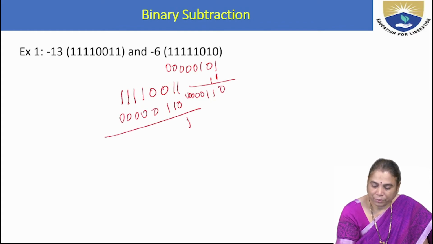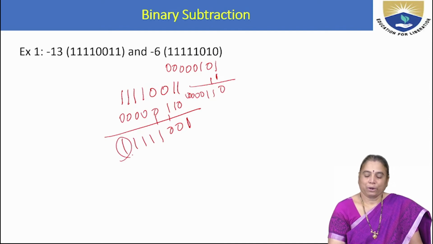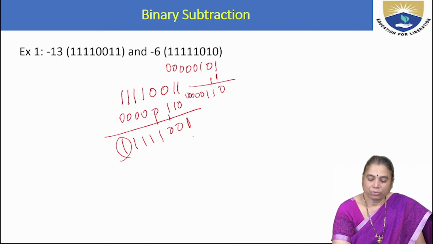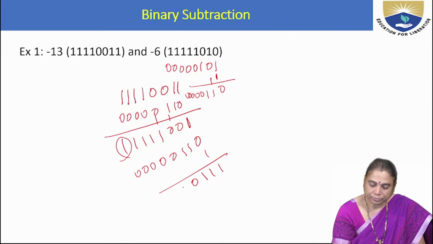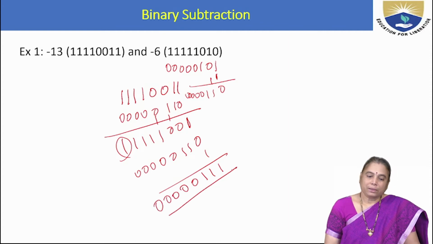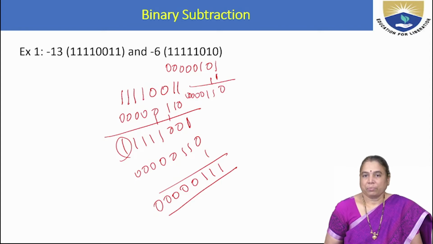And we have to perform the addition of it. And here also the result has to be represented as negative, and the 2's complement of this result has to be taken into consideration. So this is the result of the binary subtraction. In this way, addition and subtraction can be performed.